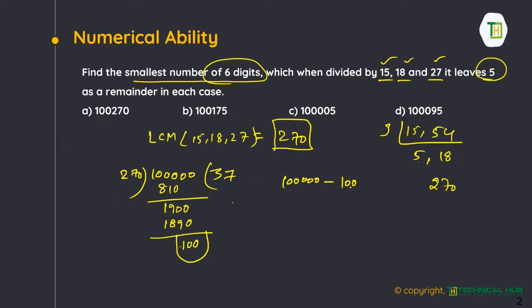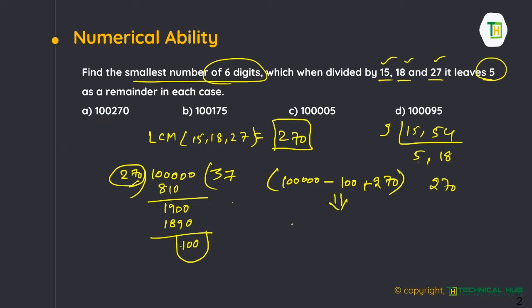But if you subtract 100 from the 1 lakh, you will get a 5-digit number, and we want a 6-digit number, the smallest 6-digit number. So what you have to do is add this divisor also, that is 270. You need to add this 270 so that you get the 6-digit number.